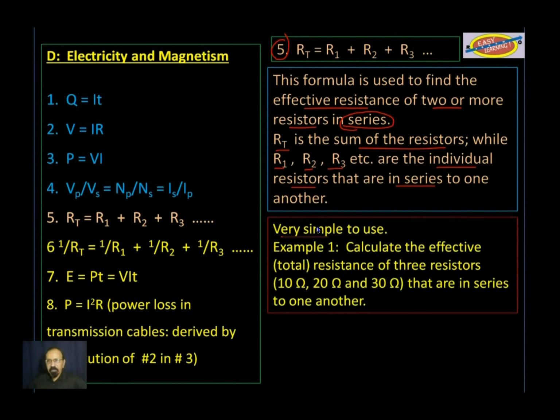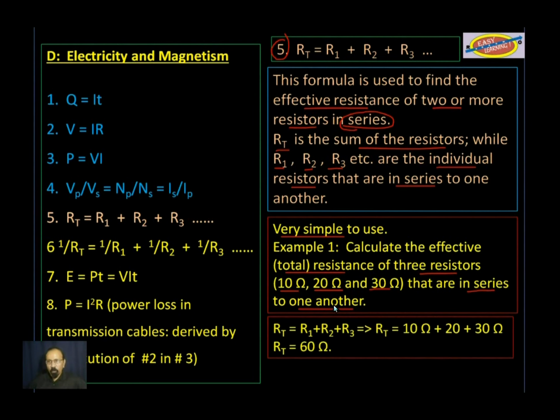So let's look at a very simple example. Calculate the effective or total resistance of 3 resistors, 10 ohms, 20 ohms, and 30 ohms that are in series to one another. Well, we know that R total is equal to R1 plus R2 plus R3.